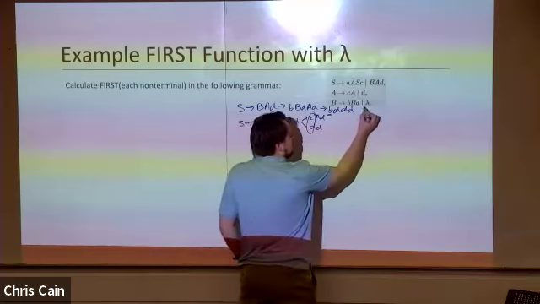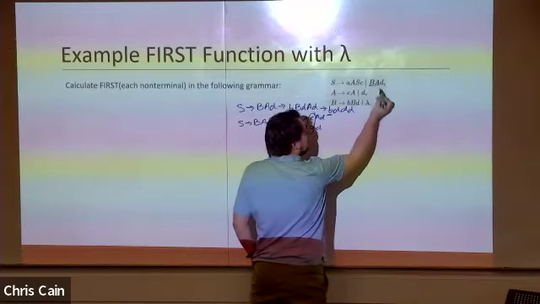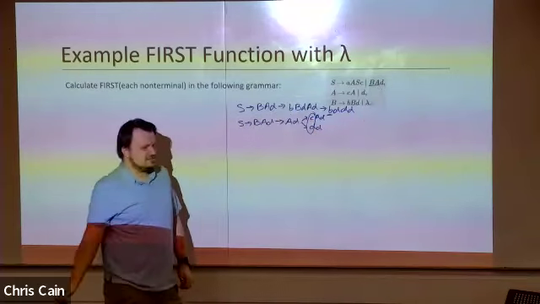So this comes because of these two sequences right up here, where this capital A is immediately derived after the B. So if anywhere in this grammar we see a non-terminal that could derive lambda, we now have to move and check the next symbol, in addition to checking that symbol because it may not be lambda.